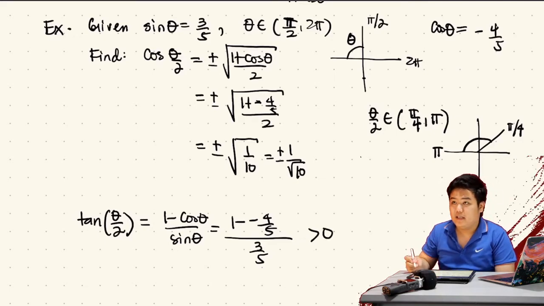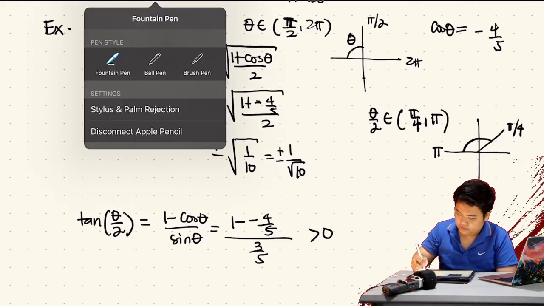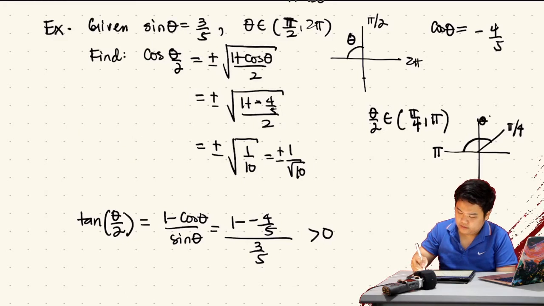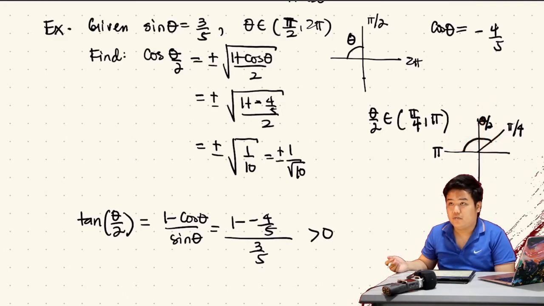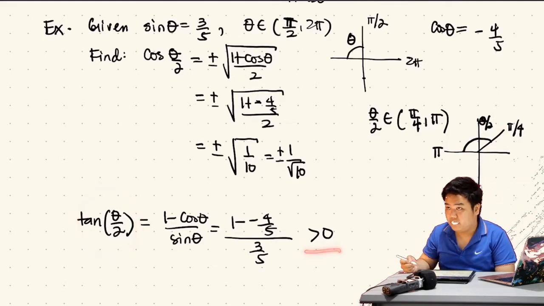Right? So, yung theta over 2, it's either nasa quadrant 1 or nasa quadrant 2 na lang siya. But tangent theta over 2 is positive. Using all sin tako, sa second quadrant, cosine lang ang positive at saka secant. So, nasa quadrant 1 siya.